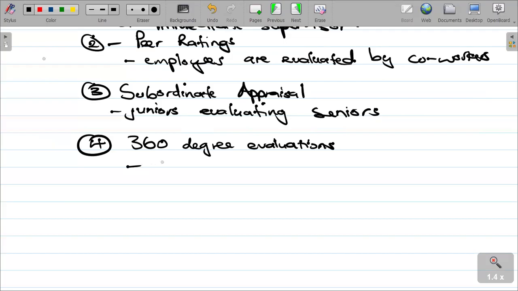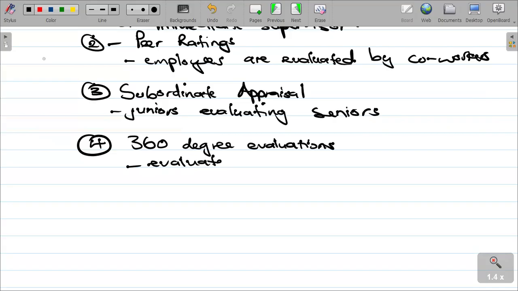So performance evaluation is done by the full cycle of daily conducts that an employee may have, right?